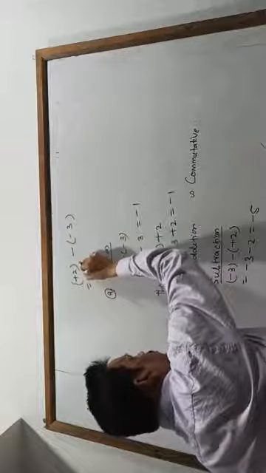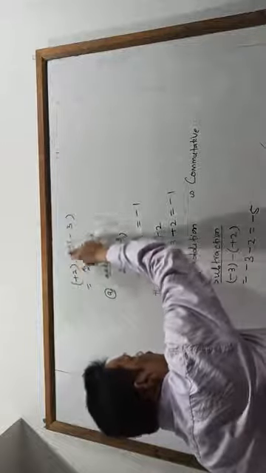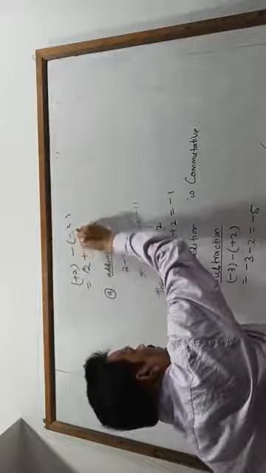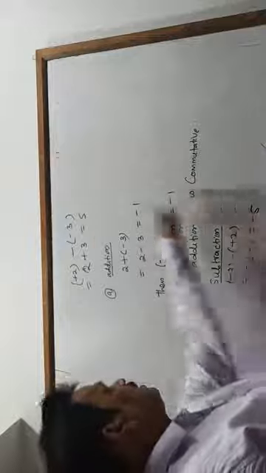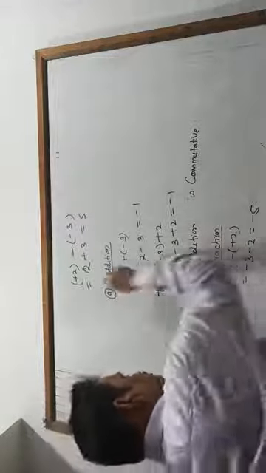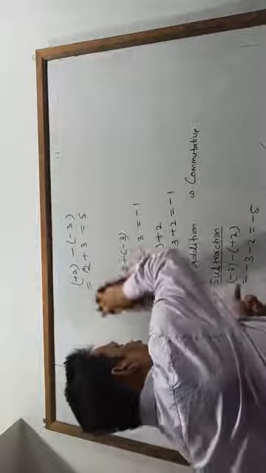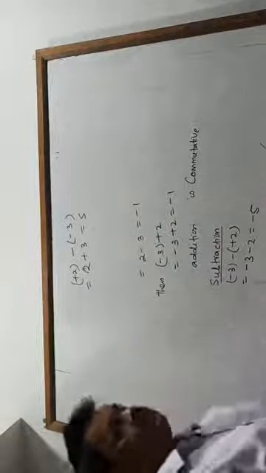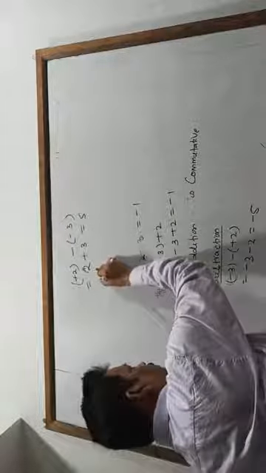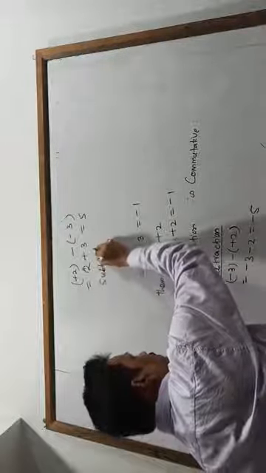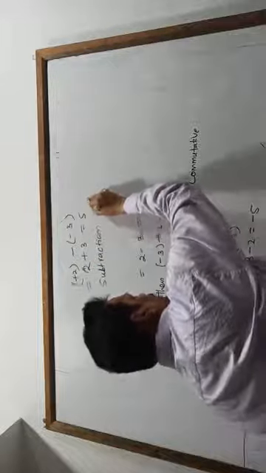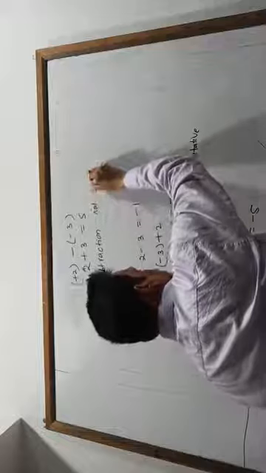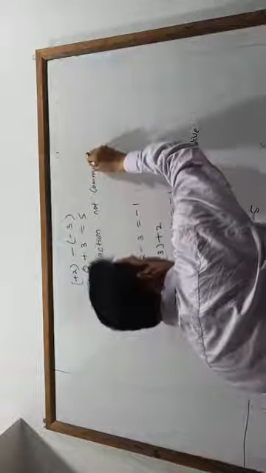This is 2 minus 3... Here is minus 5, here is plus 5. So subtraction is not commutative.